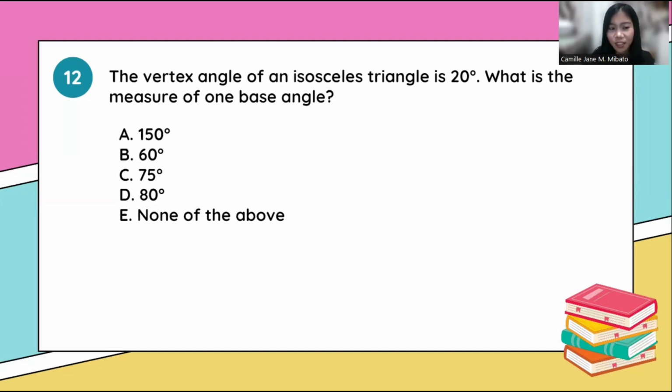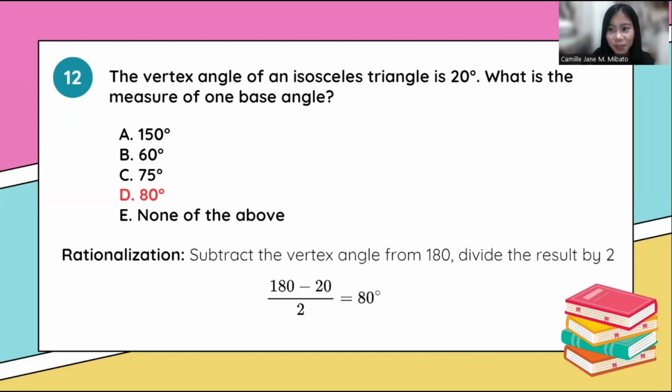It's letter D, 80 degrees. So let's rationalize it. Why? First thing to do is you need to subtract the vertex angle from 180 degrees. Based on the given problem, our vertex angle is 20 degrees.